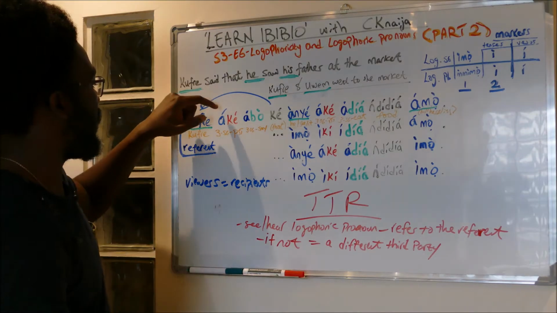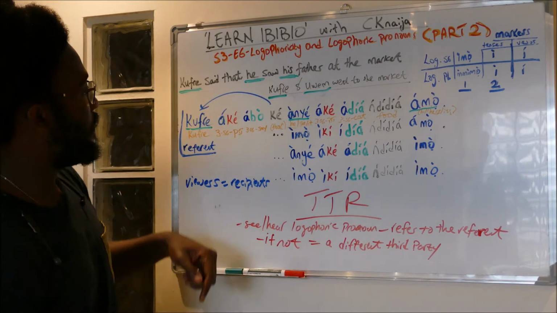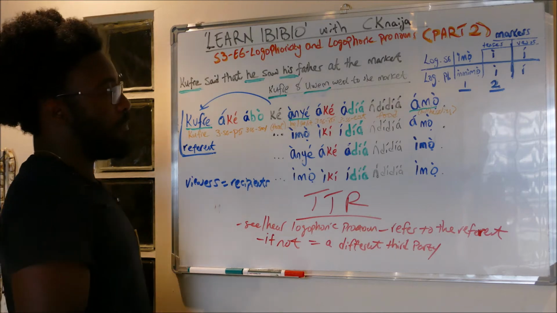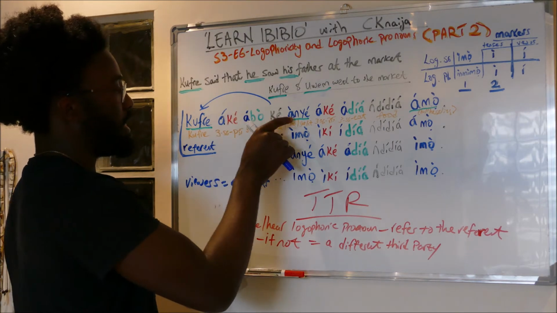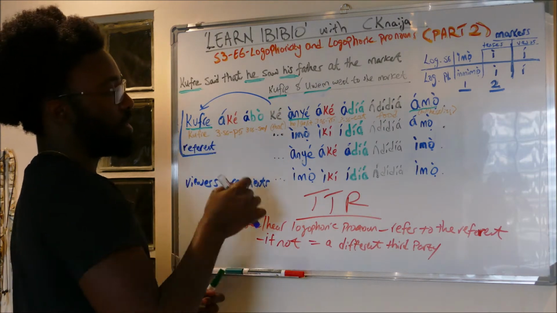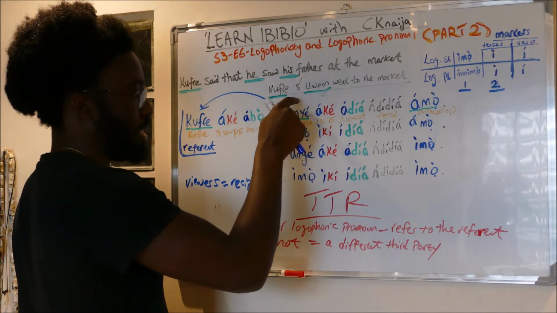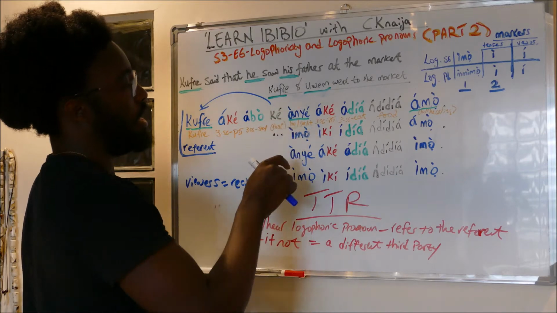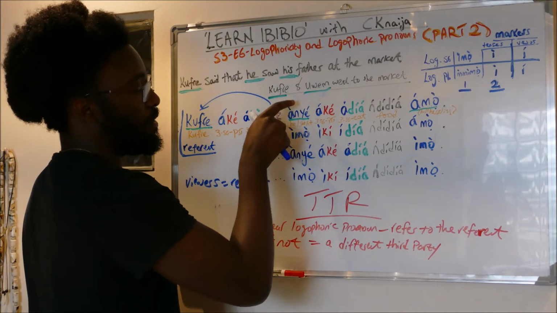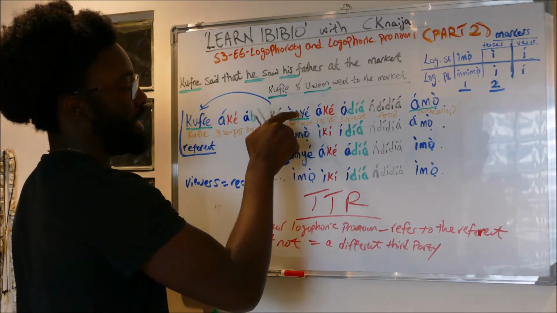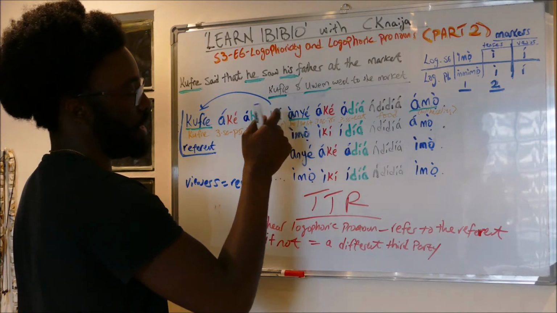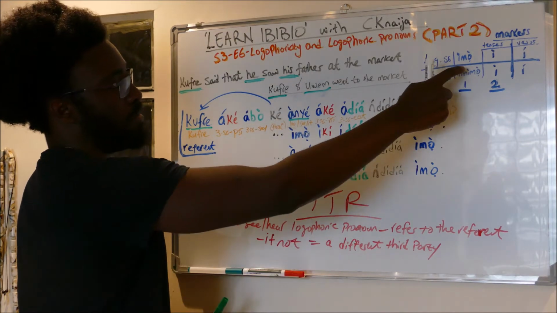Okay? Kufre akebo, ke anye. Okay? So I'm reporting the ideas, thoughts, or feelings of Kufre, and we encounter our first representation of a person, the word he, she, or it, and we see that there is no logophoric pronoun, okay? It's just the word he, or she, or it, with no logophoric pronoun.